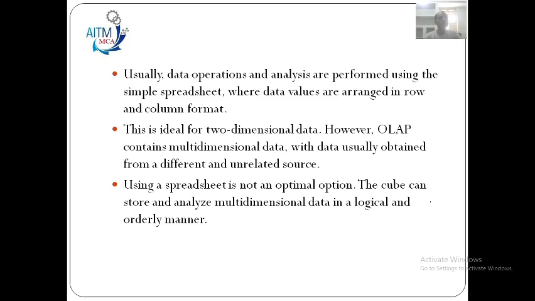So OLAP contains multi-dimensional data, with the data usually obtained from different and unrelated sources. Here OLAP is nothing but a data warehouse, where we get the data from different sources.